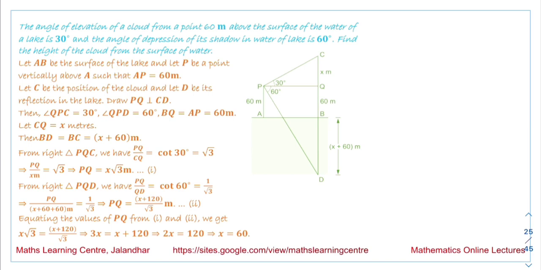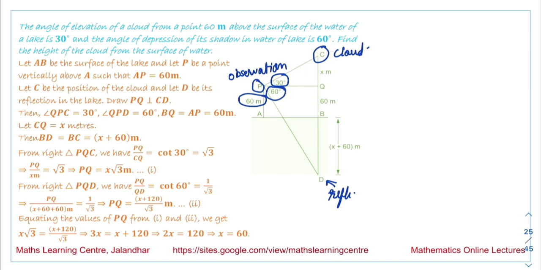This is the point P, the point of observation, and it is at a height of 60 meter from the lake. This is the cloud we are talking about. The angle of elevation of the cloud is 30 degree. The angle of depression of its image, the reflection of this cloud at this point D, is 60 degree.